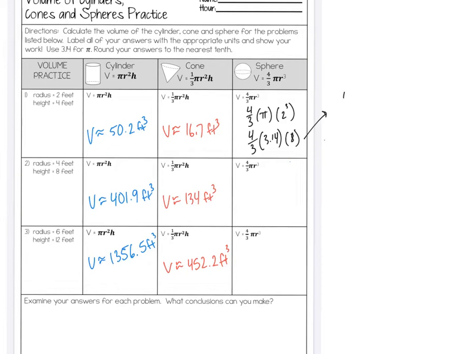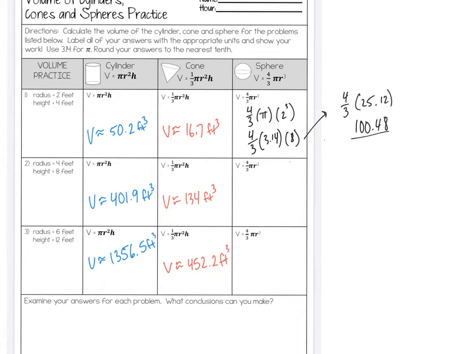So we have 4/3 still left to go, and 3.14 times our value of 8 is 25.12. So now I need to multiply it by 4 first, and then divide it by 3. So we'll get 100.48, and then we divide that by 3.